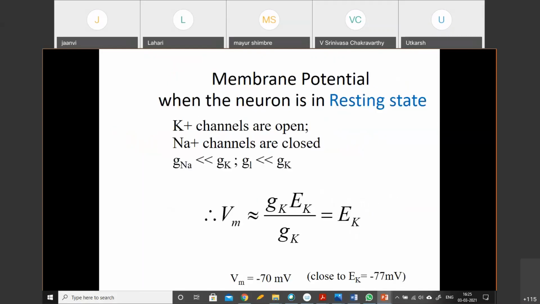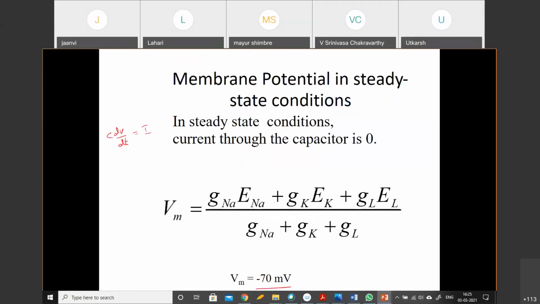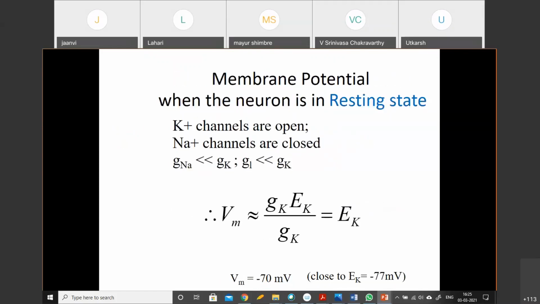Now let's consider what happens when... Right. So this is minus 70, but let us take an approximation to understand what happens in the resting condition. In the resting condition, a lot of potassium channels are open, and sodium channels are mostly closed.